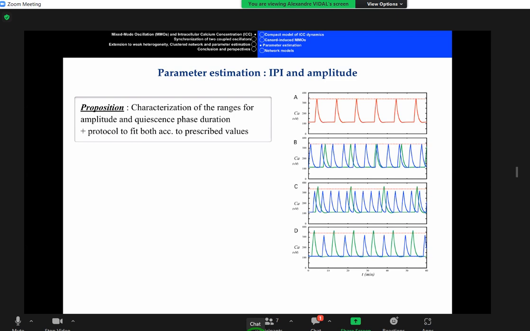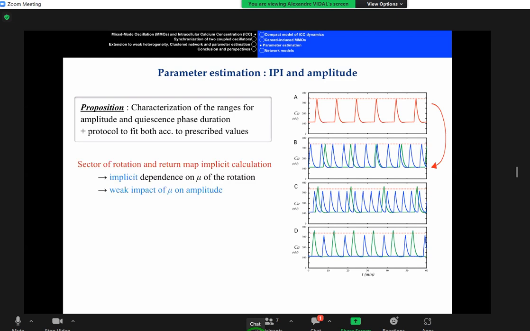In case C, we are able to fit the amplitude, taking larger amplitude for the green time series and smaller amplitude for the blue time series. And the ability that we have to fit both according to prescribed values using only two parameters, mu and k, is dealing with what we call the sector of rotation.